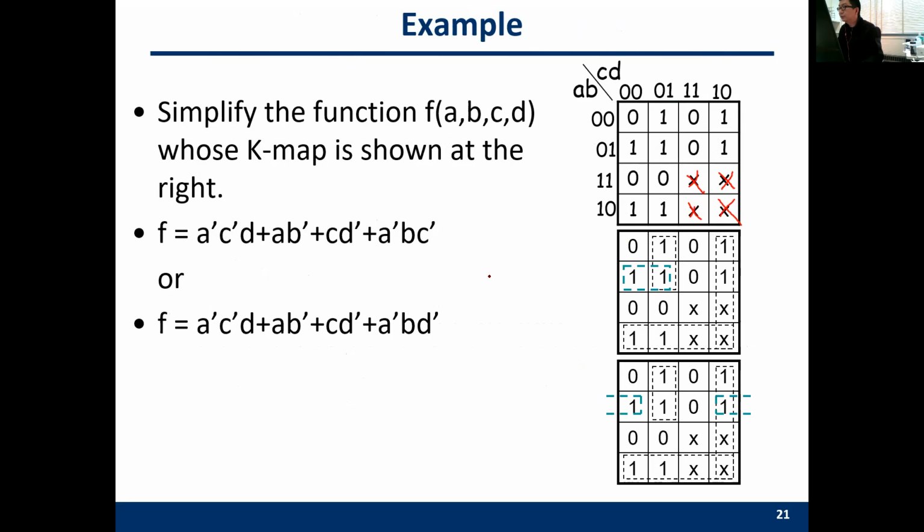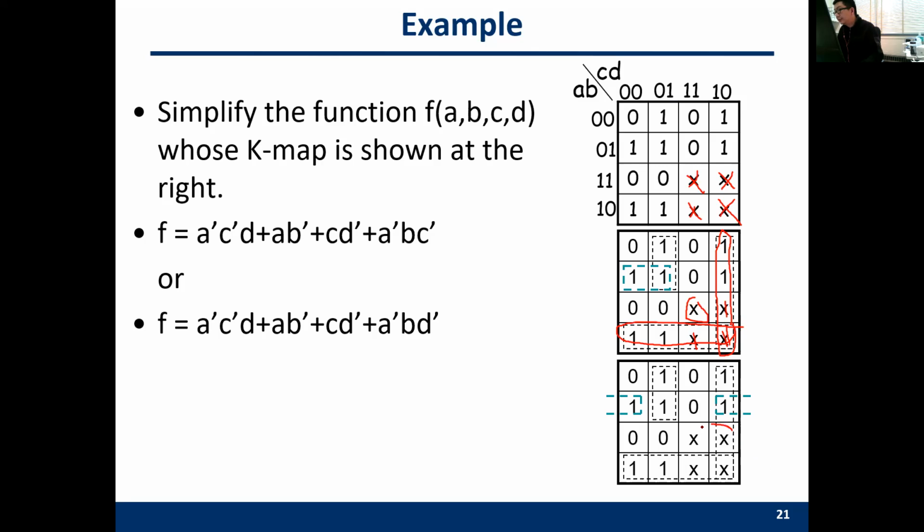And then you can try to group them together. So I can have this group. Why? Because I can treat the don't care value as 1. And I can also have this one. This is also right, because I treat these 2 as 1. Do I need to care about this? No. Why? Because I can treat it as a 0.